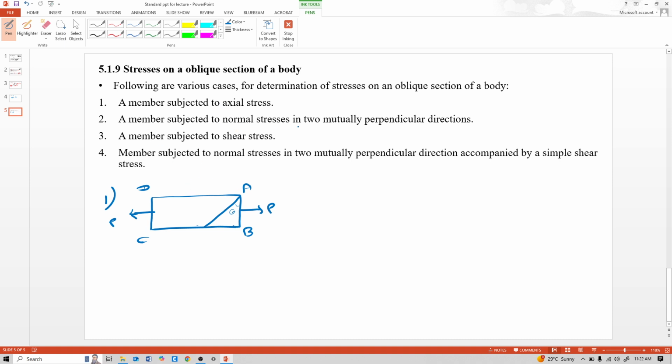Second is a member subjected to normal stresses in two mutually perpendicular directions.